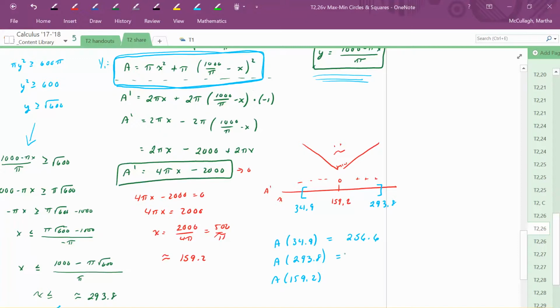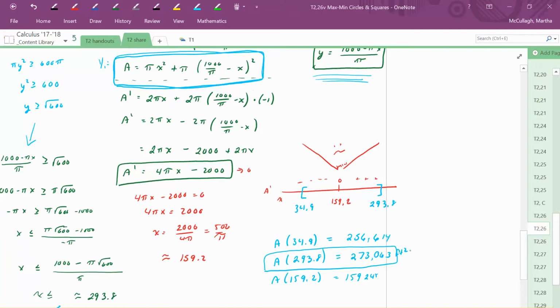My A at 293.8 is 273,063. And this is 159,245. So the largest of these is this 273,063 square feet.